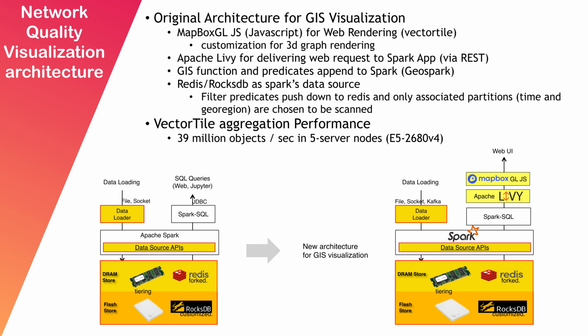And we used Apache Livy to deliver web requests to the Spark application via REST API. Redis and RocksDB are used as Spark's data source, where filter predicates are pushed down to Redis and only associated partitions are chosen to be scanned. With this architecture, Spark can process 39 million objects per second in 5 server nodes for vector tile aggregation.